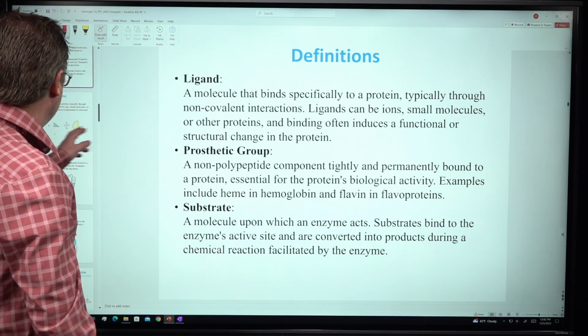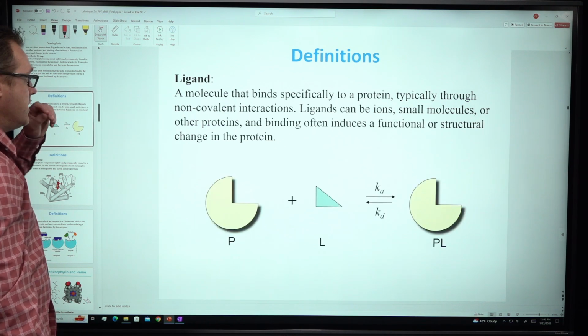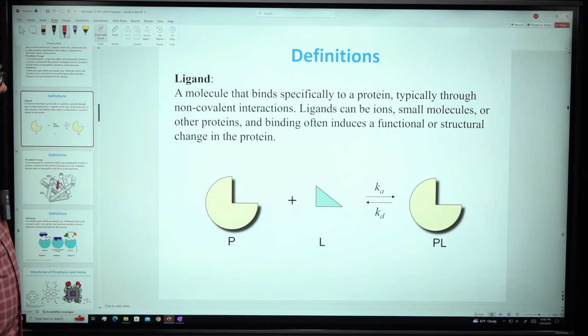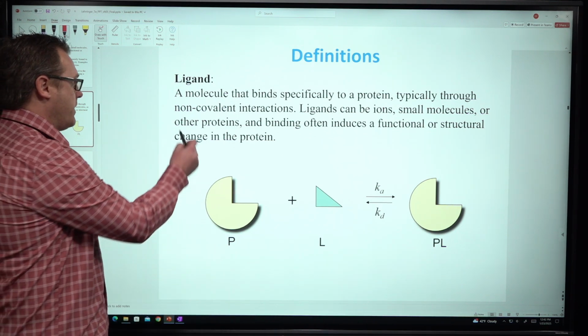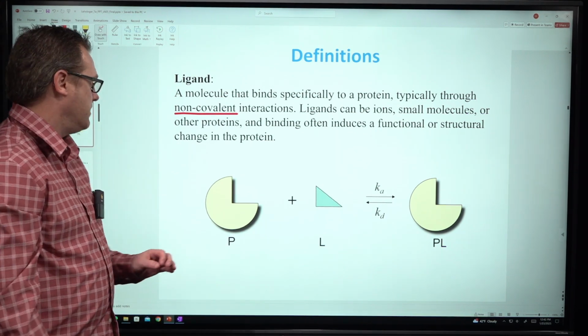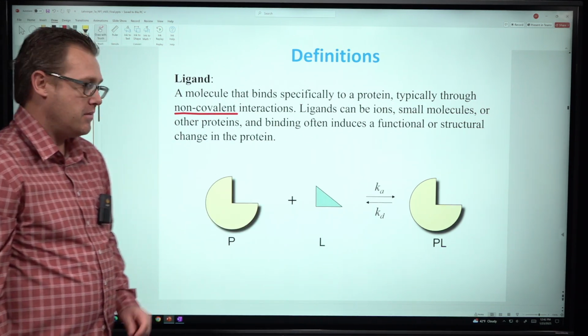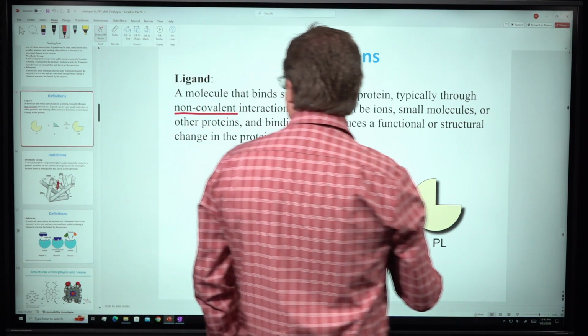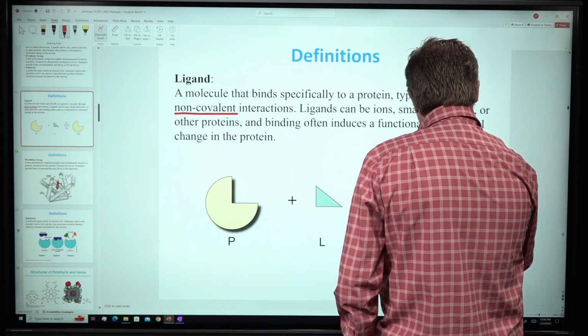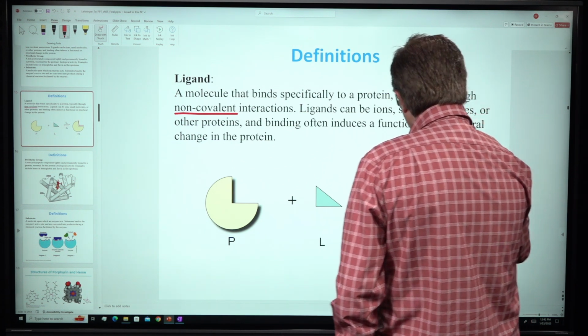Okay, we already talked about ligand, but let's just go through it again just to make sure we have it. It's really important to understand that it's a non-covalent interaction between the protein and the ligand. Once again, my ligand here has disappeared, so that has to be in there.